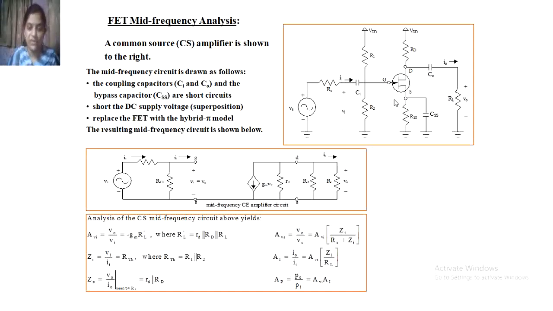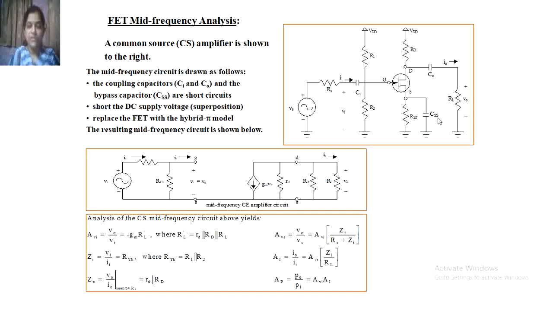The mid-frequency circuit is drawn as follows. The coupling capacitors, Ci the input capacitor and Cout, and the one bypass capacitor, CSS, are short circuited. So the input coupling capacitor, output coupling capacitor, and bypass capacitor are short circuits.